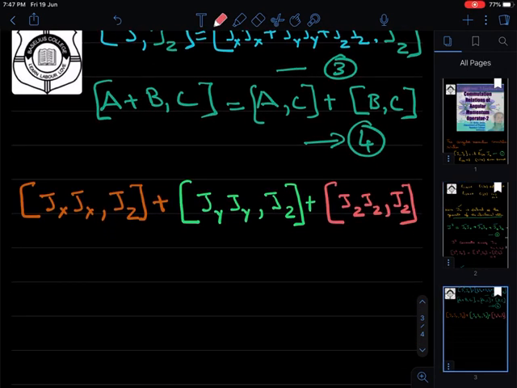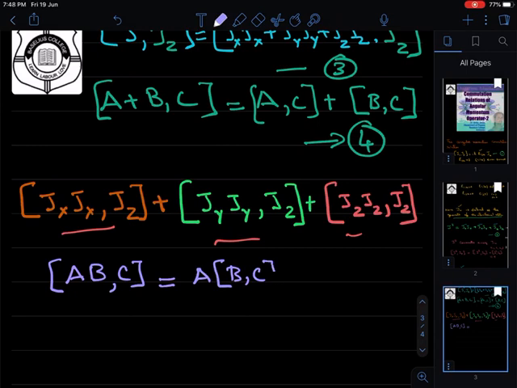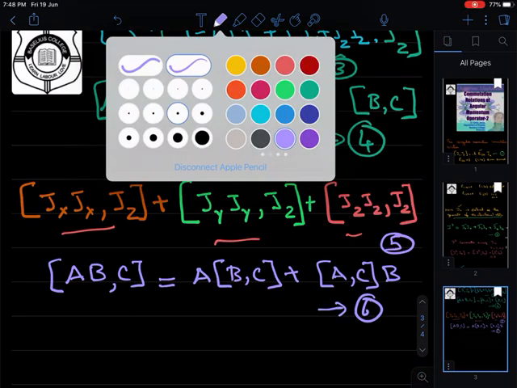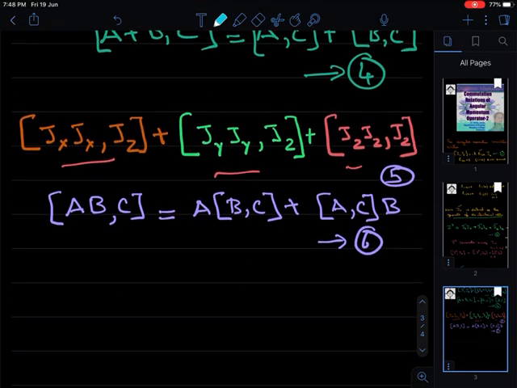So again we have to expand these commutation relations. We make use of the commutation property: [ab, c] is equal to a[b, c] plus [a, c]b. We'll put this as equation number 5 and this as 6.